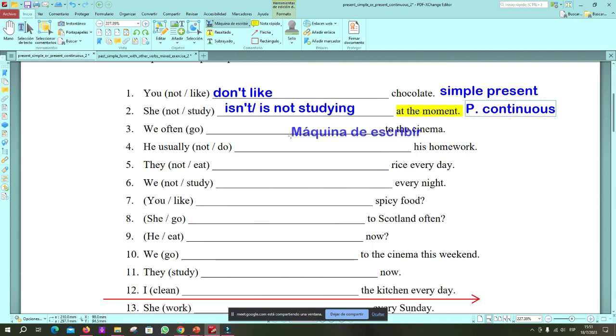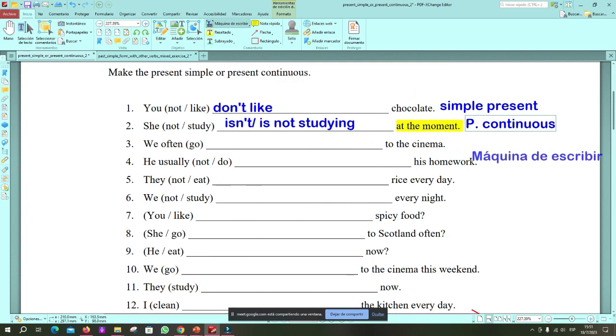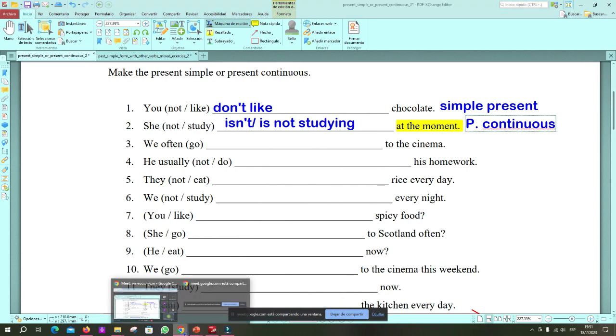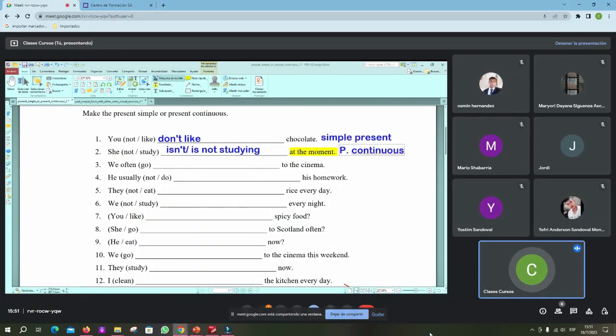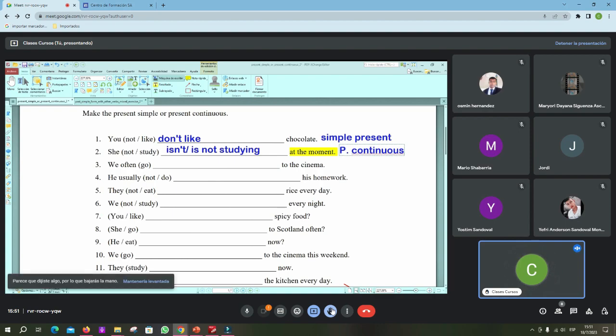So guys, I want you to work on them, right? So you're going to have around 5 minutes for you to work on those sentences, and then we're going to check them together. Remember, if you have questions, just raise your hand and I will help you, right?